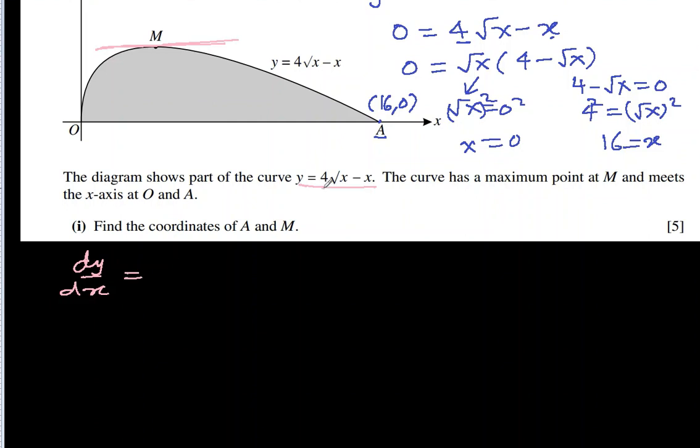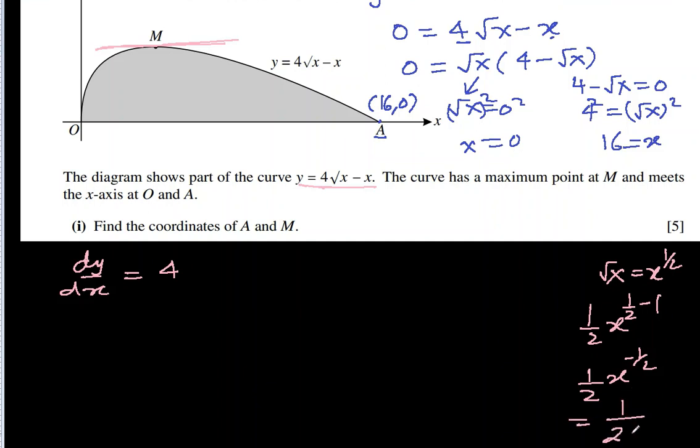equal to 4 is a constant, so 4 remains 4, but for 4 square root x, square root x can be written as x to the power half, and if we differentiate, this half comes in front and the exponent of x goes down by 1, so it becomes half x to the power half minus 1, which is minus half, and you want to make it positive, so it becomes 1 over 2 x to the power half.